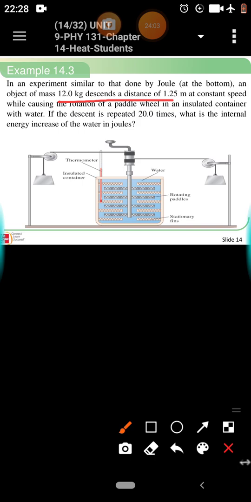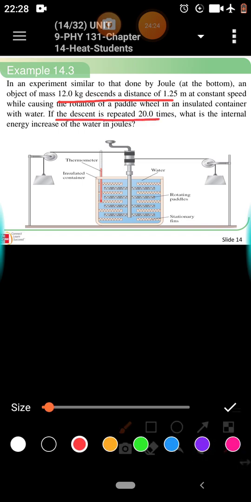When you repeat this action 20 times, that's why they multiply it here.